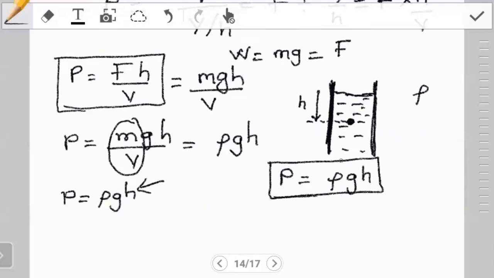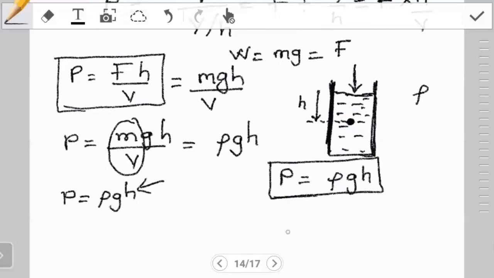But what you have to keep in mind is that mostly the pressure that acts at this point is not only due to the liquid which is in this container. We also have another fluid right on top, which of course is just air. So we have pressure due to air there, and then we have pressure due to the fluid here. The two pressures add to give the pressure acting at that point in that fluid.